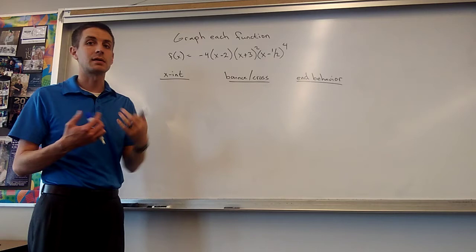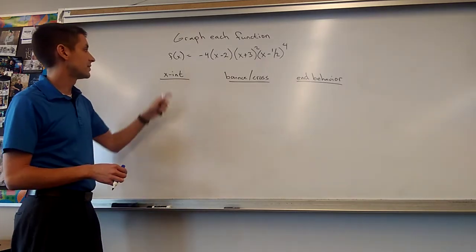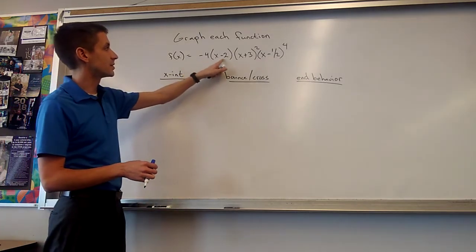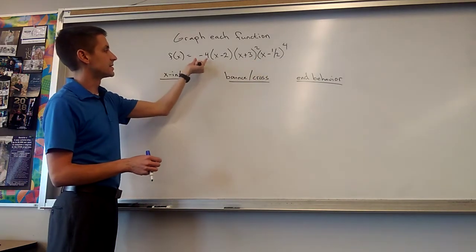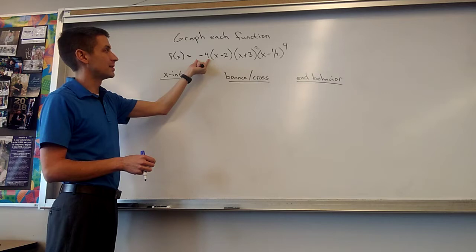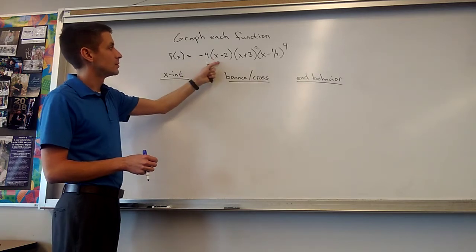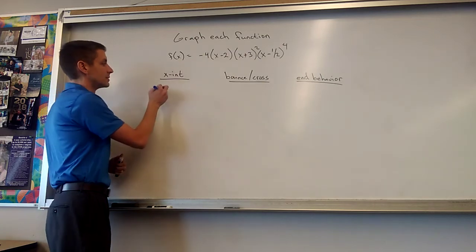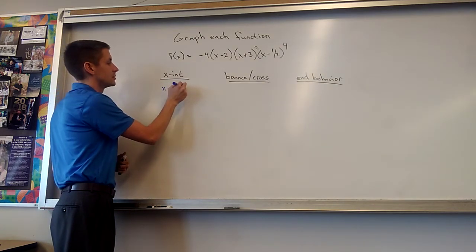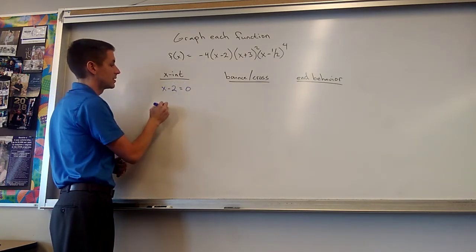So I'm going to start by finding the x-intercepts by taking each of our terms that have x's and setting them equal to 0. Since this -4 doesn't have an x with it, it won't give us an x-intercept, but these three terms that do have x's can give us x-intercepts. I'm going to set the x minus 2 equal to 0. I'm going to set the x plus 3 equal to 0.